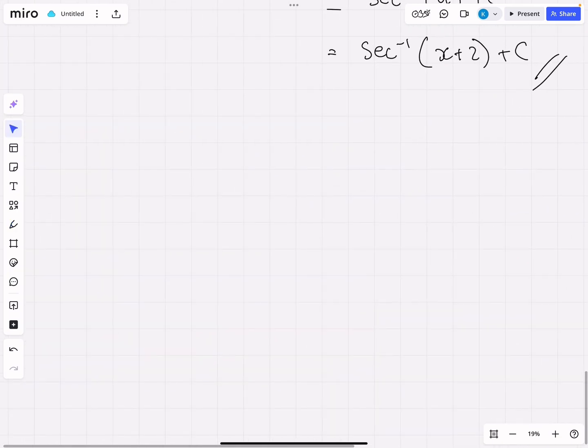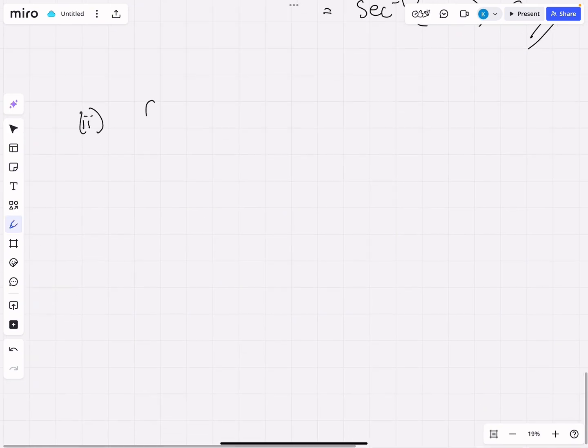Now, let's move on to the next. Here we have the integral of 1 over x plus 2 multiplied by the square root of x squared plus 4x minus 5 dx. Now, we're going to notice the similarity with the part before.